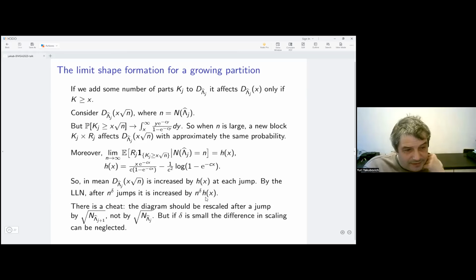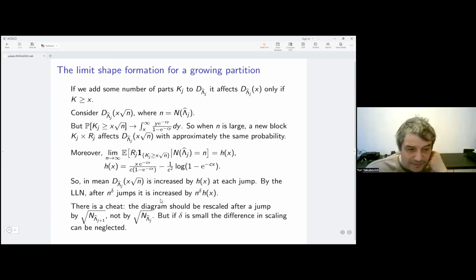But there is some cheating in this argument, because after each step we have to rescale our Young diagram. We scale it by its size, so the size increases after each step, and we have to rescale it again.